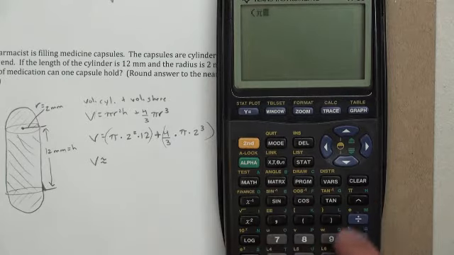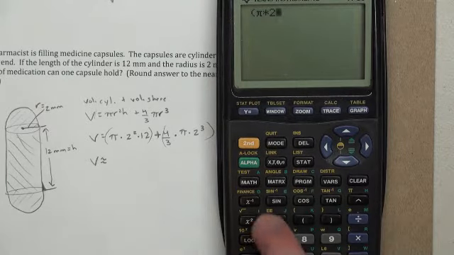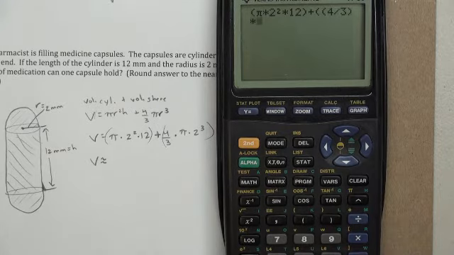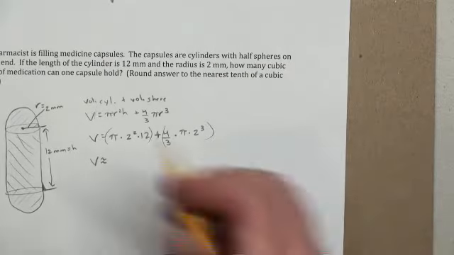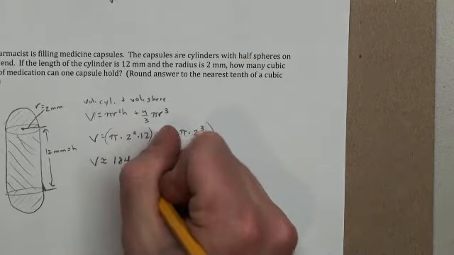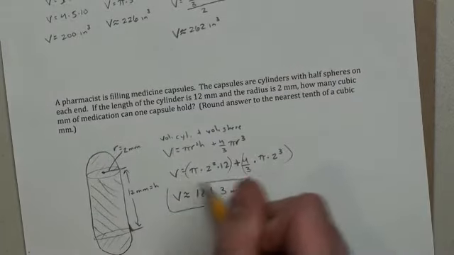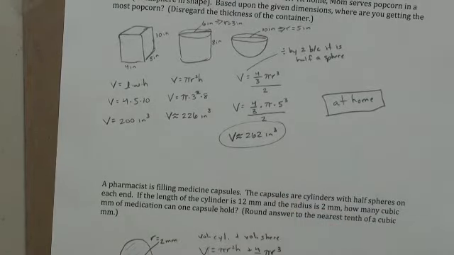Parentheses, pi times 2 squared times 12, close the parentheses, plus parentheses, 4/3 times pi times 2 raised to the third, close the parentheses, enter. 184.3 millimeters cubed. Okay? Let's see. Still got a bunch of problems left here, so hang on.